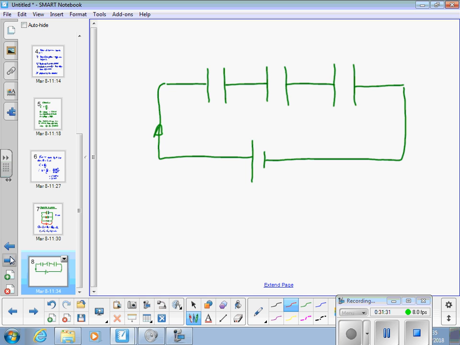What will happen is the current will flow and we get positive charges on one plate, for instance, and for every positive there we have a negative charge on the other. The charge from this plate is going to leave this plate with 3 positives, which is going to attract 3 negatives.